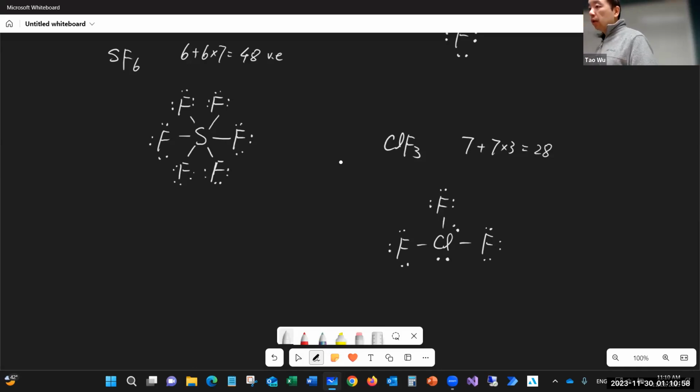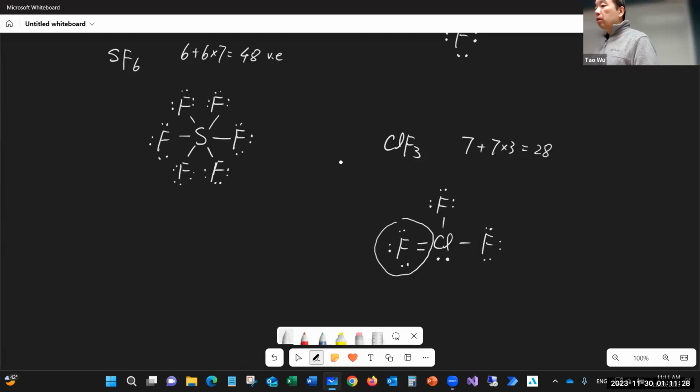The ClF3. And some of you may think, wait, why can't I have the double bonds? In this case, I don't have to write the extra. But if you write the double bonds, then how about this fluorine? If you count the double bond here, that means we have an extra 4, and then they are having 6 dots. So totally fluorine has 10 now.